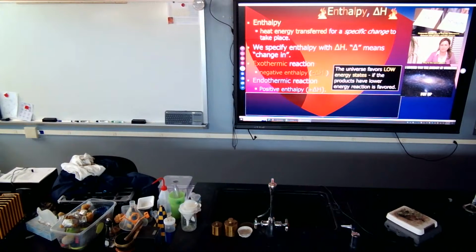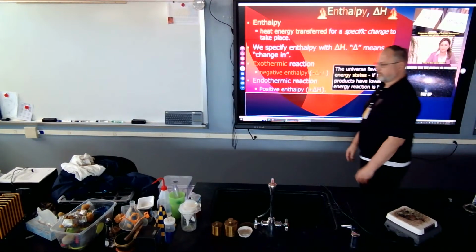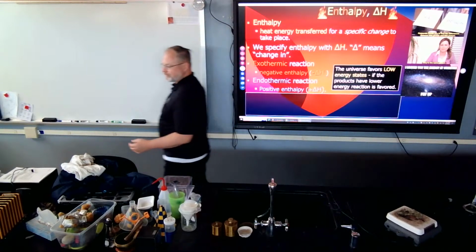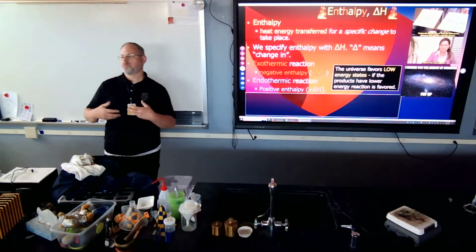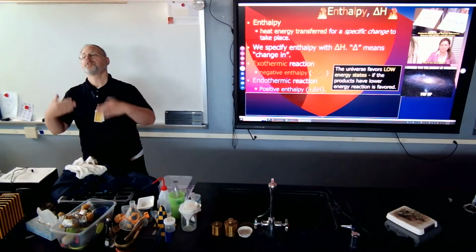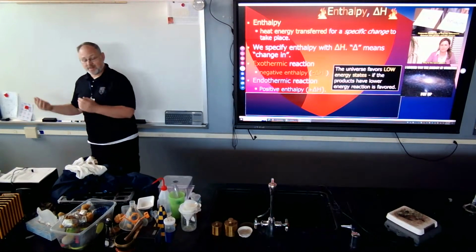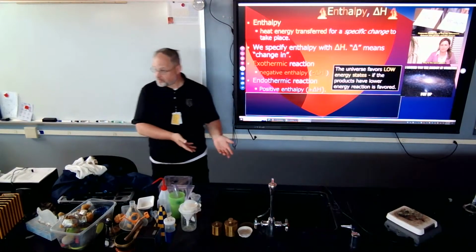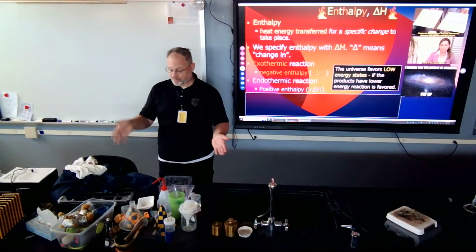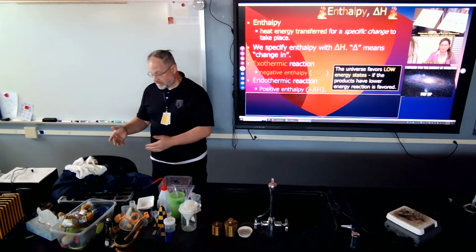So basically, enthalpy is just heat in motion or in action. It is the difference in heat between where a system starts and where a system ends. And exothermic is heat leaving the system. If a system starts with 100 kilojoules of heat and ends with 120 kilojoules of heat, final minus initial, 120 minus 100 is 20.